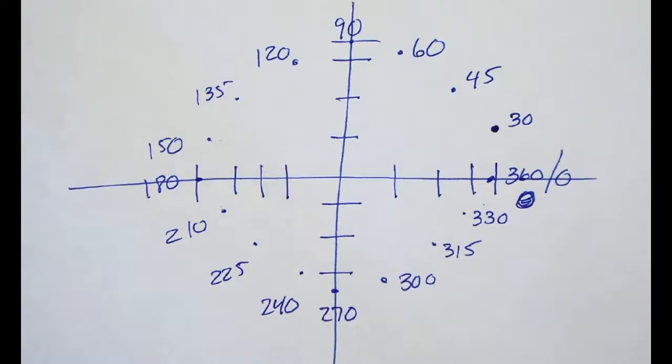It just flips upside down. Cosecant is 1 over sine, or sine flipped over. And then cotangent is 1 over tangent, or tan flipped over.